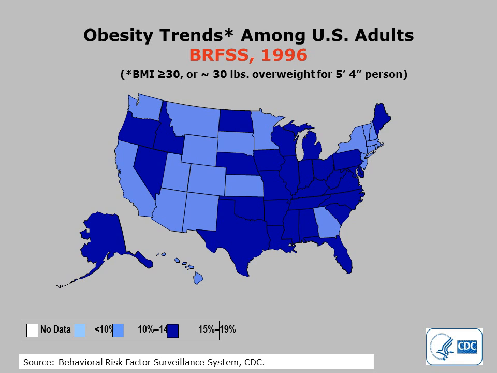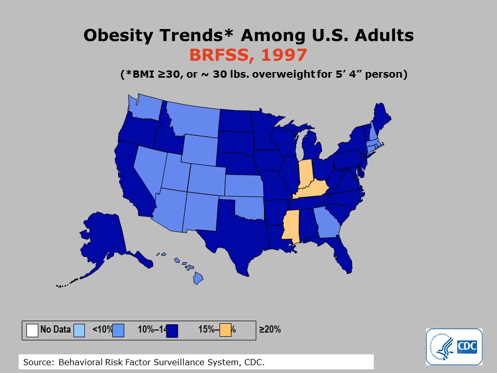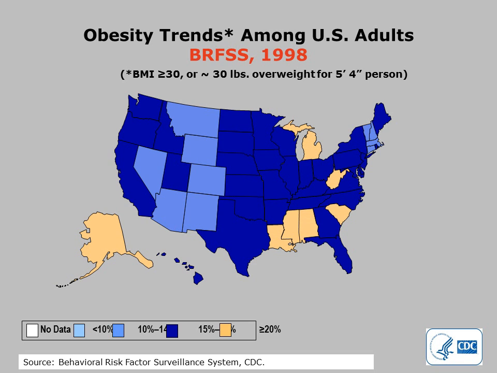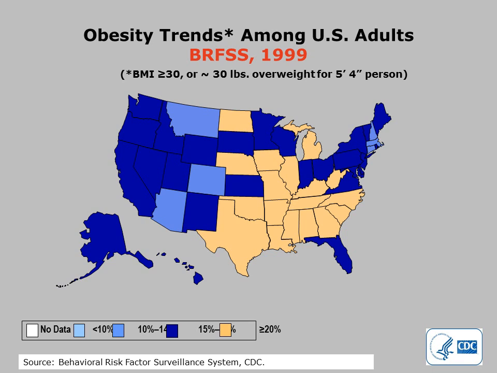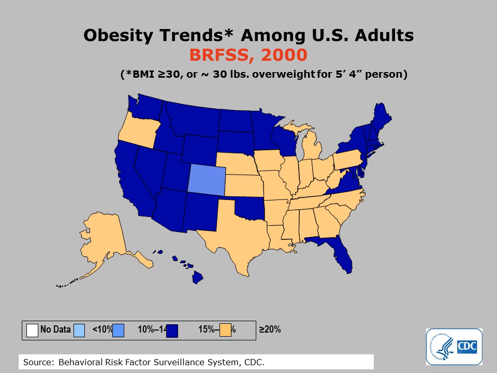Is obesity contagious? No, in a sense, maybe. Yikes, new category, greater than or equal to 20%. Indiana, there's again Mississippi, Kentucky, 98. Whoa. Starting to spread again like wildfire.